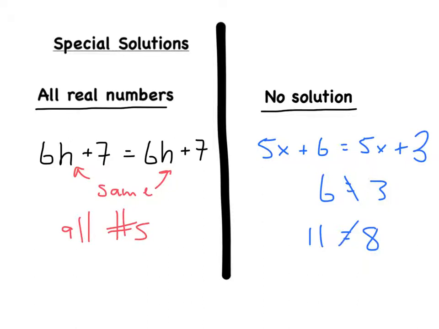So thus, that would be no solution. So you could either have one specific solution where the variable is going to be a specific number, you could have a solution where the answer is all real numbers, and you could have an answer where there is no solution.